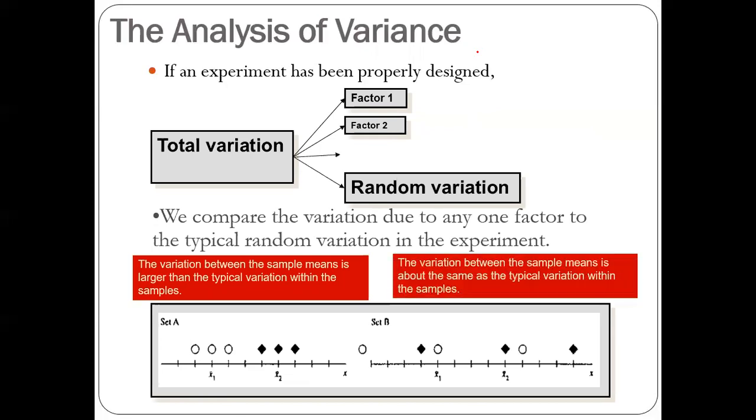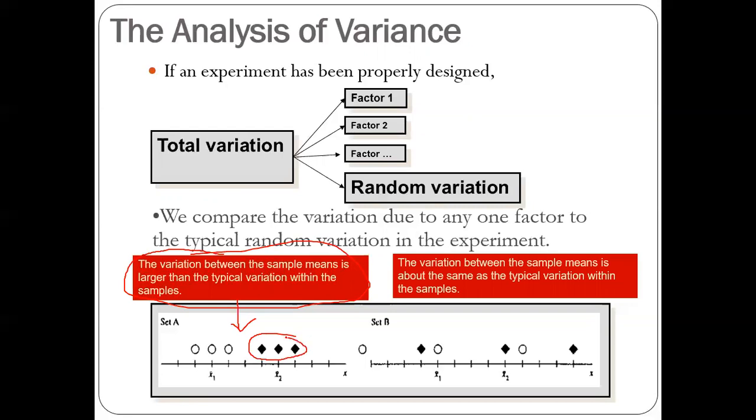In the analysis of variance, this is an example of the condition where the variation between the sample means is larger than the typical variation within the samples.